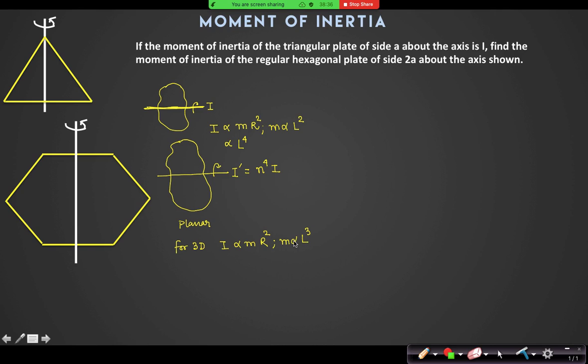You are not only making the radius of the disc or cylinder double; the length and all the other dimensions are also doubled. So I can say the moment of inertia is proportional to L power 5. So I prime is equal to 2 power 5, or n power 5, times I.